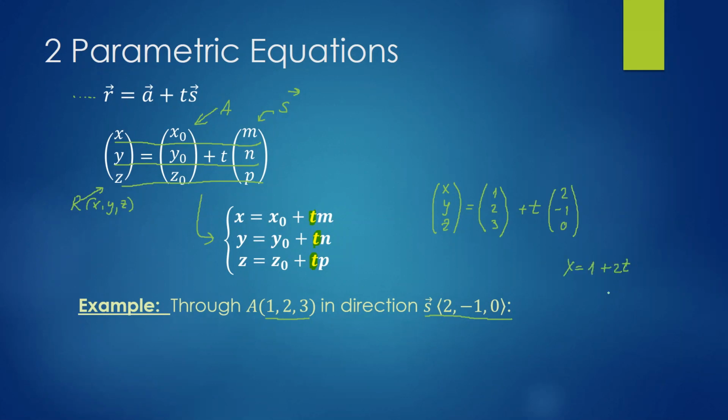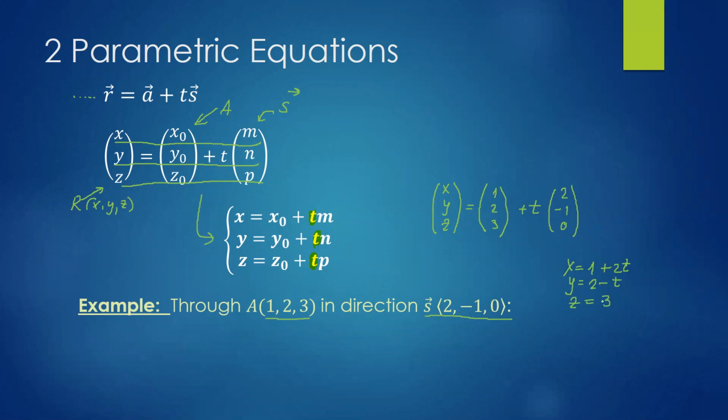See how it's a linear equation because there are no squares, no division, no square roots, no higher powers, no sines, cosines, just a linear expression. y equals 2 minus 1t, and z equals 3 plus 0t, so that's just 3.